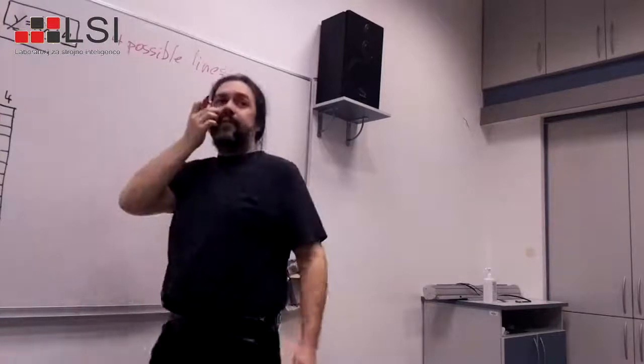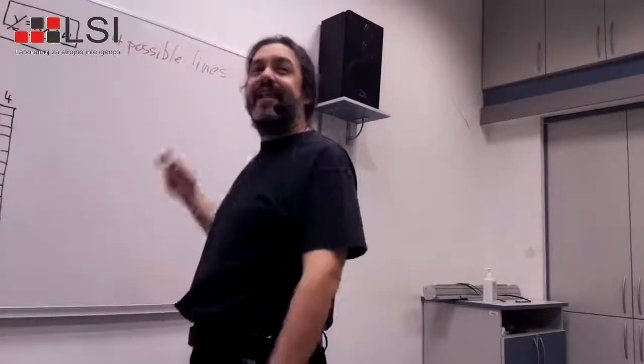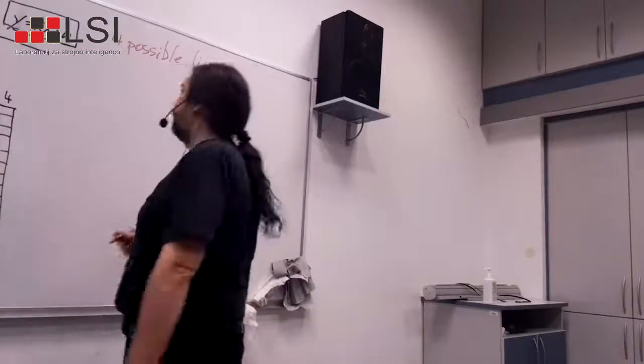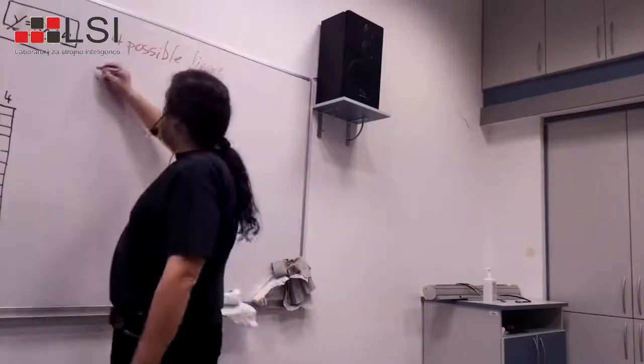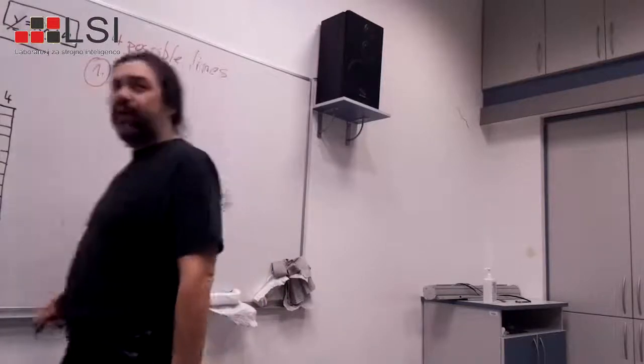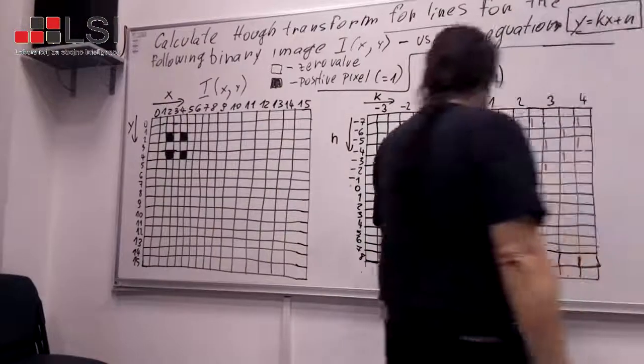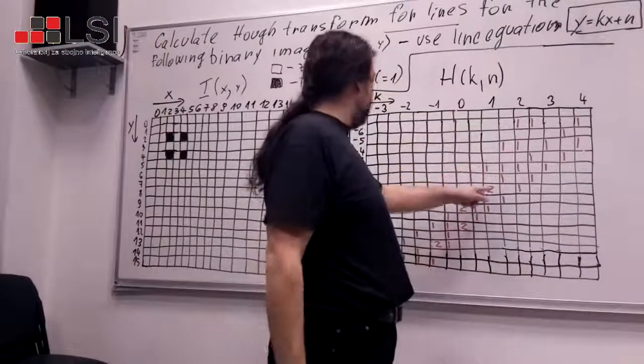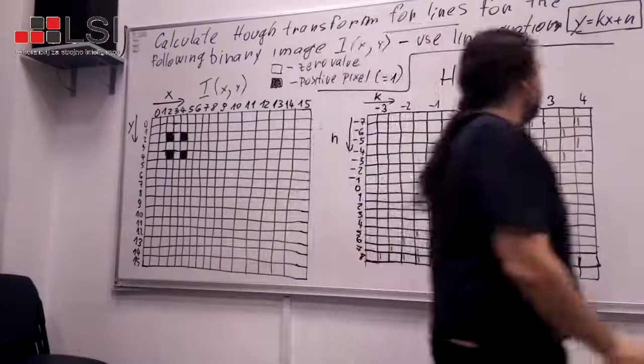These are the top scorers, the candidates that get most of the votes in our Hough voting scheme. So, how do we get the first one? Look at the accumulator, and let's say this is our first winner. k is 1 and n is 0.